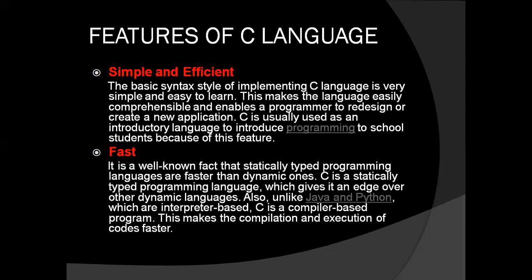So C is a statically typed programming language, which gives it an edge over dynamic languages. Also, unlike Java and Python, which are interpreter based, C is compiler based. It is not interpreter based. So this makes compilation and execution of the code much faster.